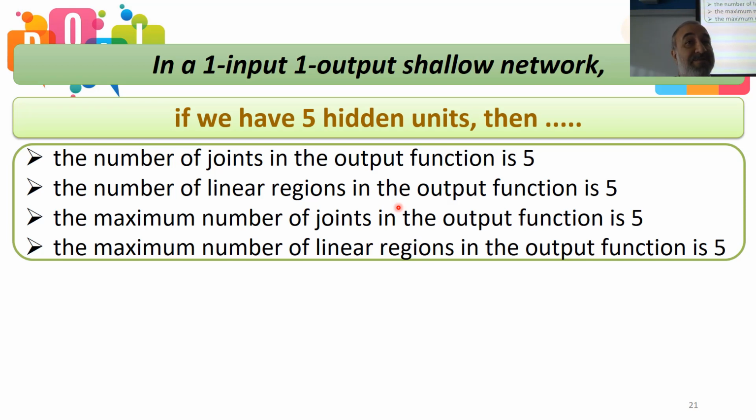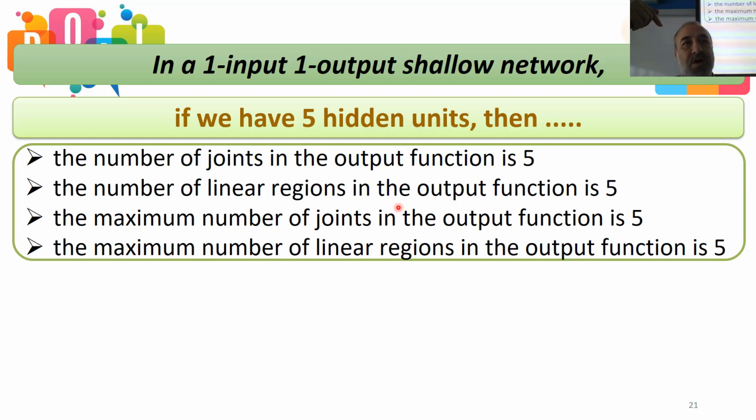Let's take one by one. How about the first one? If we have 5 hidden units, the number of joints in the output function is 5? Not always. Why is it not always? We said that every hidden unit has a joint, because of the activation function, the ReLU function.